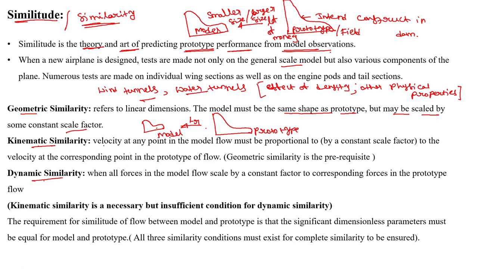Now what is kinematic similarity? Velocity at any point in the model flow must be proportional to the velocity at the corresponding point in the prototype flow, by a constant scale parameter.